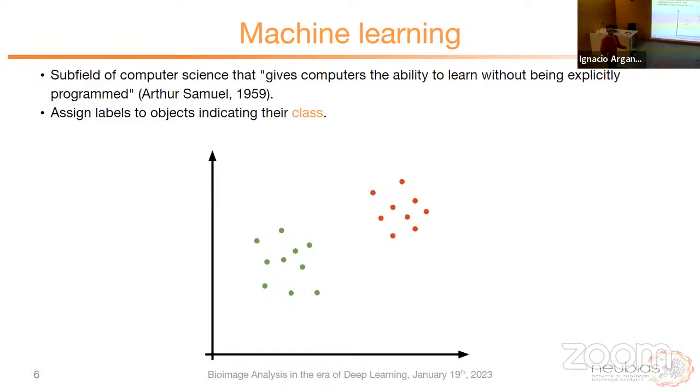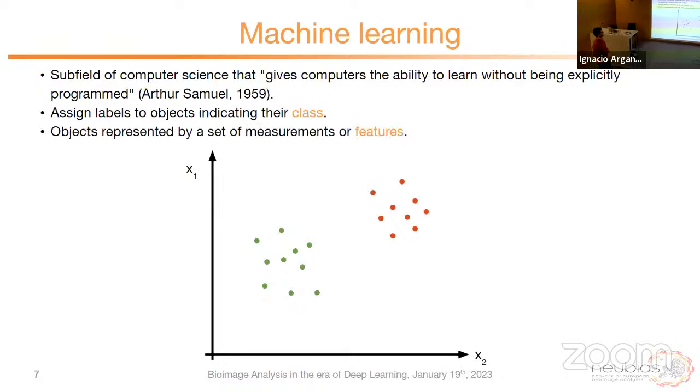For biologists, I always say, let's imagine that we have two types of cells, our red cells, our green cells, and then we want to identify them somehow automatically with the computer. And this representation is actually something that we use, not in 2D, but in a more multidimensional fashion, where we represent every object, or every sample, as we call it, of our data set based on some measurements.